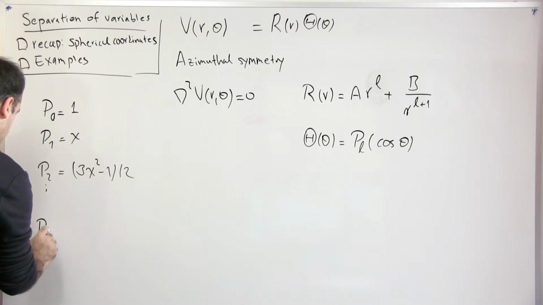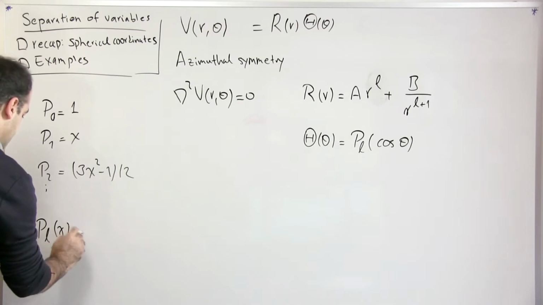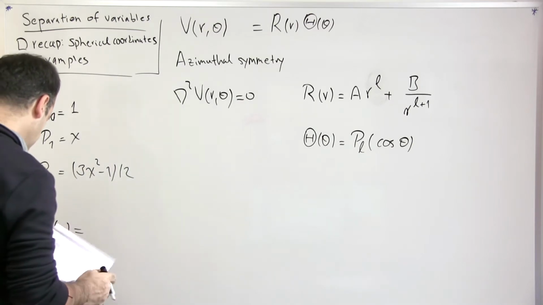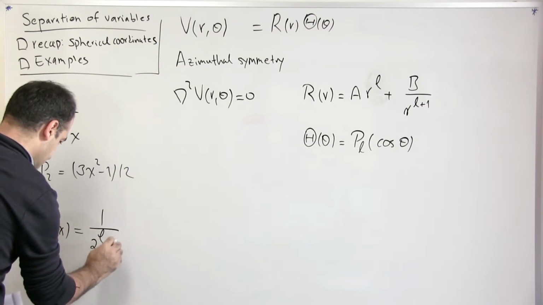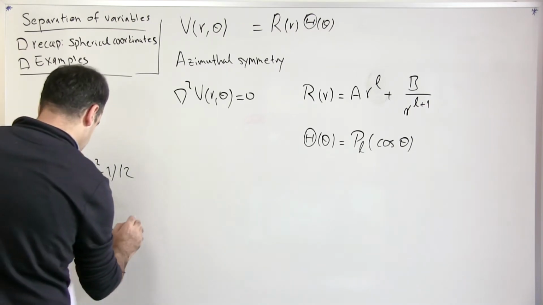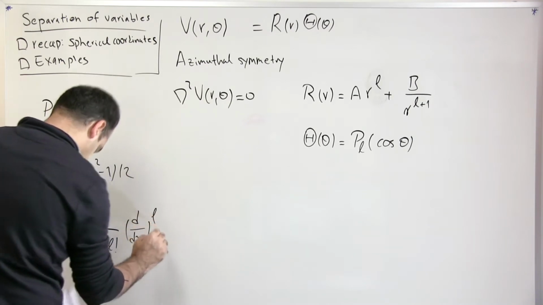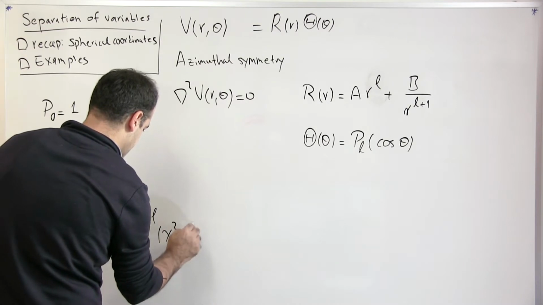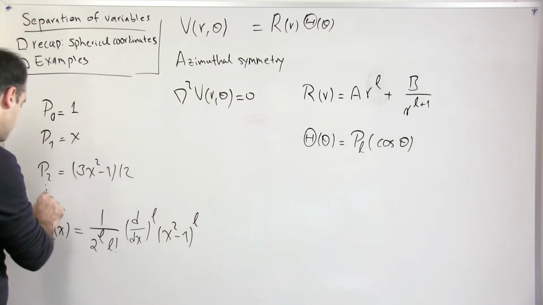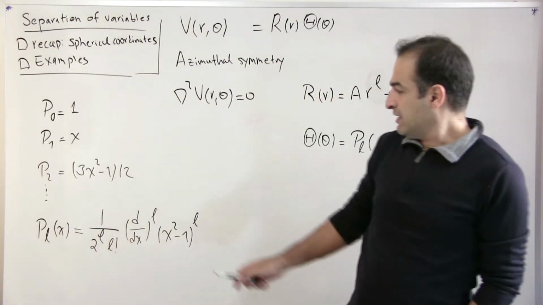The equation for order number L, as a function of x, is 1 over 2^L times L factorial, times d over dx to the power of L, of (x² minus 1) to the power of L. So these are the Legendre polynomials.